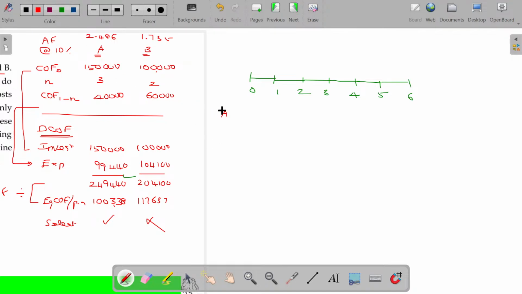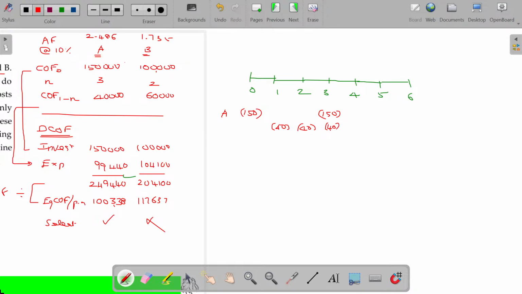If you opt for machine A, you spend 150 at the 0th period. By the end of the 3rd year, it will go off. Then you have to purchase one more asset, 150. Apart from that, for this asset, you spend 40 every year for 3 years. By the 3rd year, machine A has worn out.